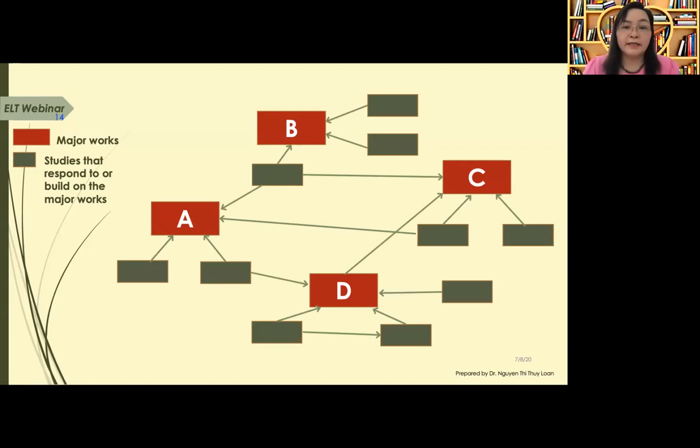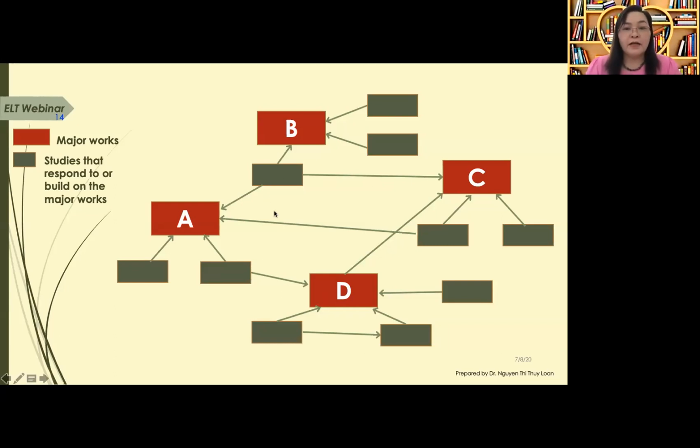You can see here that the literature is an evolving network, an evolving web. Your duty in doing the literature review is to find the connections and relations of the literature in this network, and you should also navigate where you stand in that network. It means you need to look for the place where you can position yourself and your research in the network of the literature on your topic.